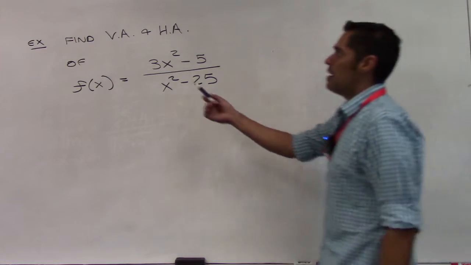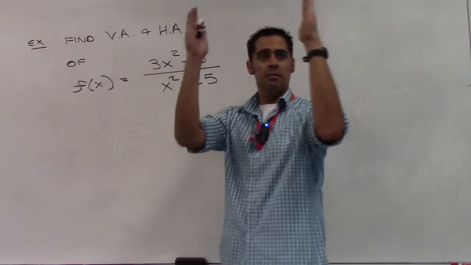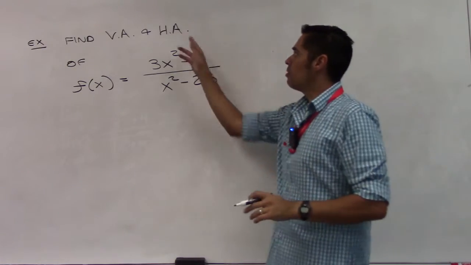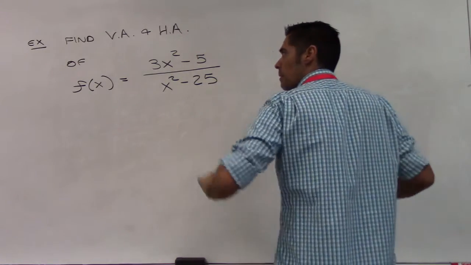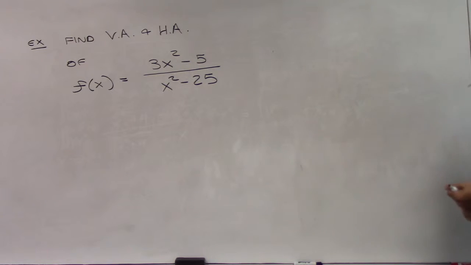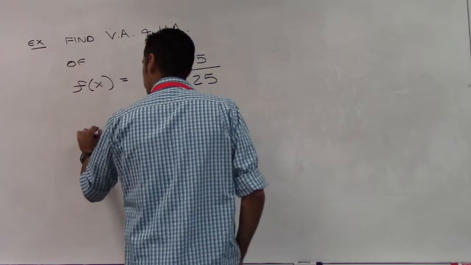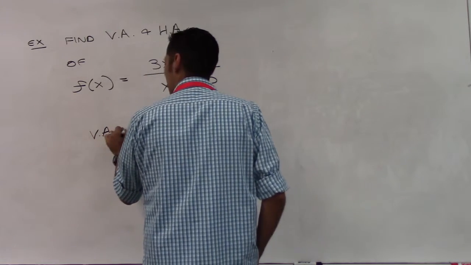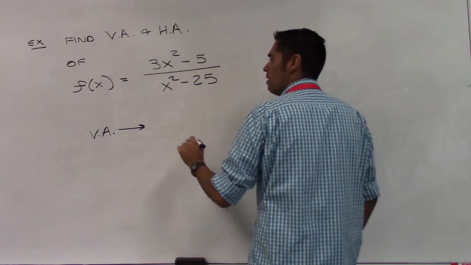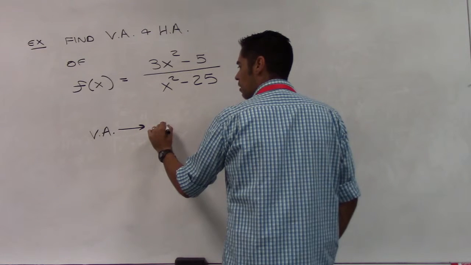So when I say VA here, I mean vertical asymptotes, your vertical ones, and then your horizontal are the ends. So how do we find vertical asymptotes? Vertical asymptotes occur wherever your denominator is 0.